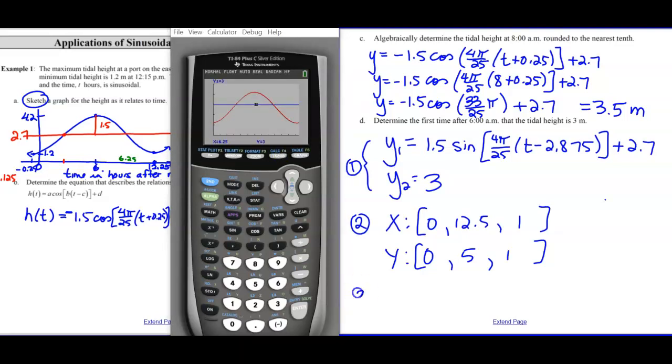Then we want to find, in this case, we entered, we should probably change this to an x. In our calculator, that's what's in there.